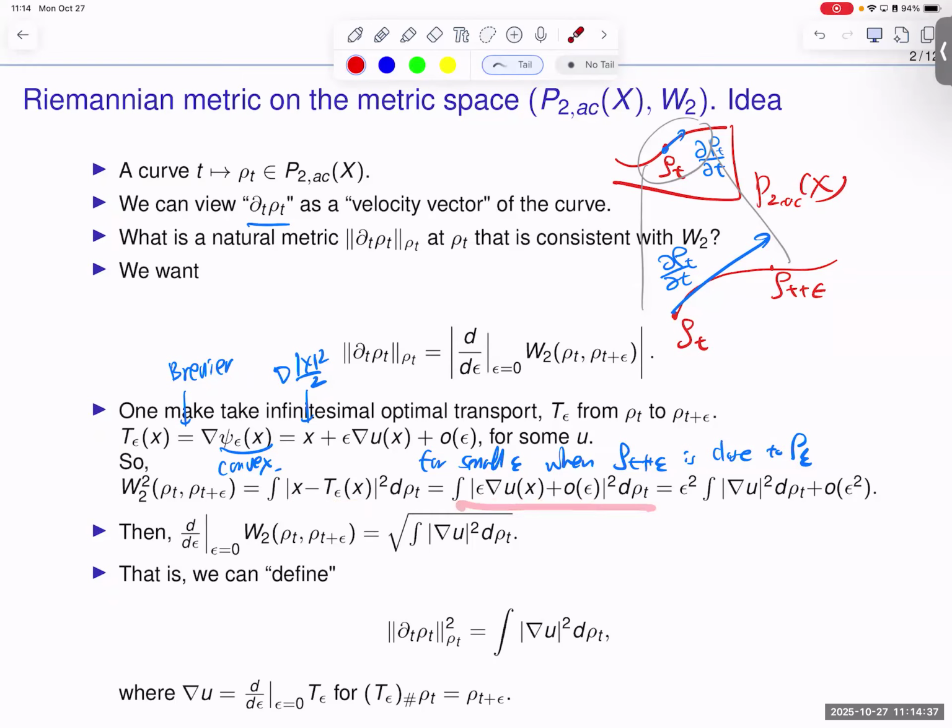If you expand this in epsilon, then you get this. So this squared W2 has an epsilon squared scale term and then higher order term. If you differentiate just the W2 without square, then the first derivative will be this term.